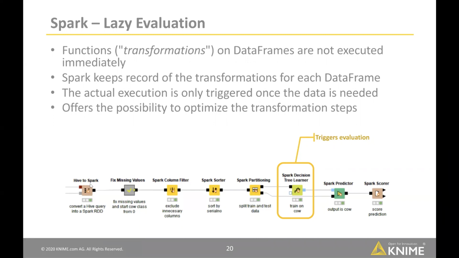In the end, this will lead to data being read from Hive, and then all these transformations get applied ad hoc, and the model gets learned on that. This is sometimes why, when you're using the Knime Big Data Extensions, some nodes will be really fast to execute, and some nodes will take a little longer. Typically, the longer ones are those that trigger an action.